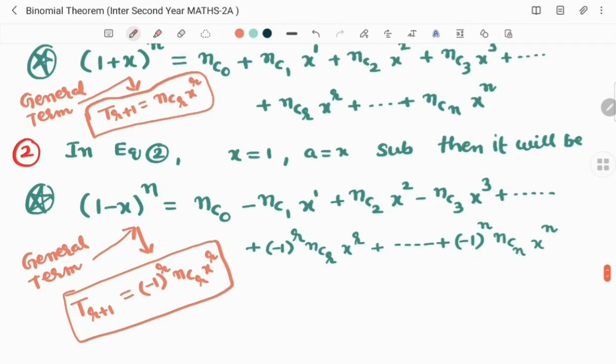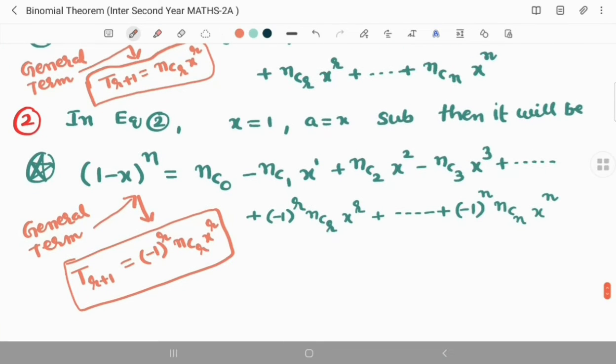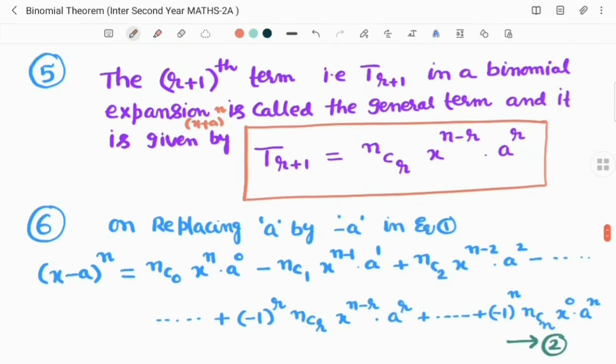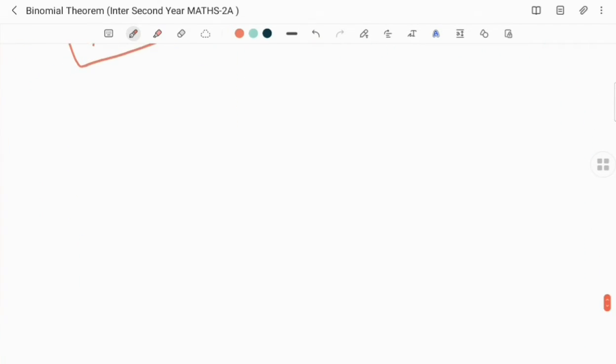So this is the general term of 1 plus x whole power n, and this is the general term of 1 minus x whole power n. Both are important. And one more important point here: point number 6 is over now. In point number 6, note 1 and note 2 are completed.